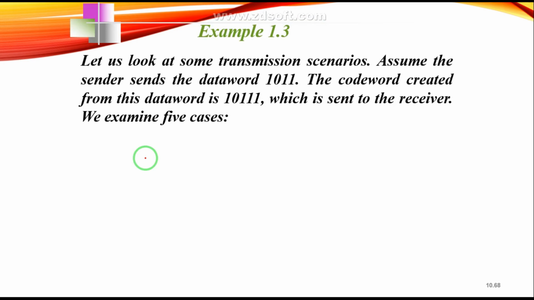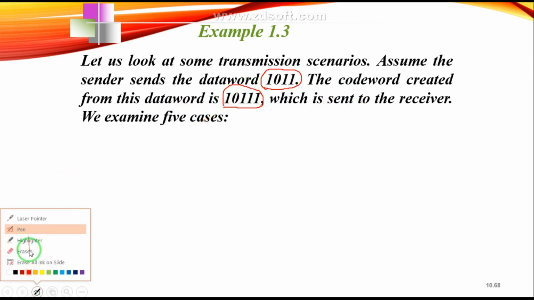Now let us look at some transmission scenarios. Assume the sender is going to send the data word 1011. So please note down this example, guys. And the code word which is created from this data word is 10111. You can observe it over here.